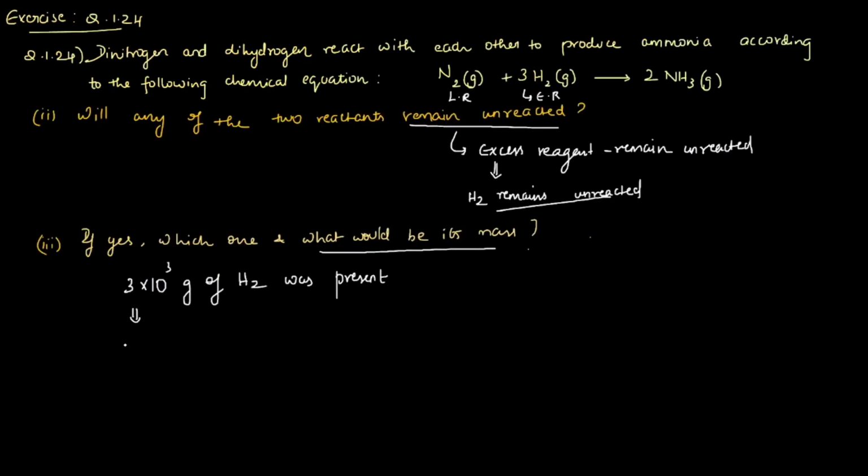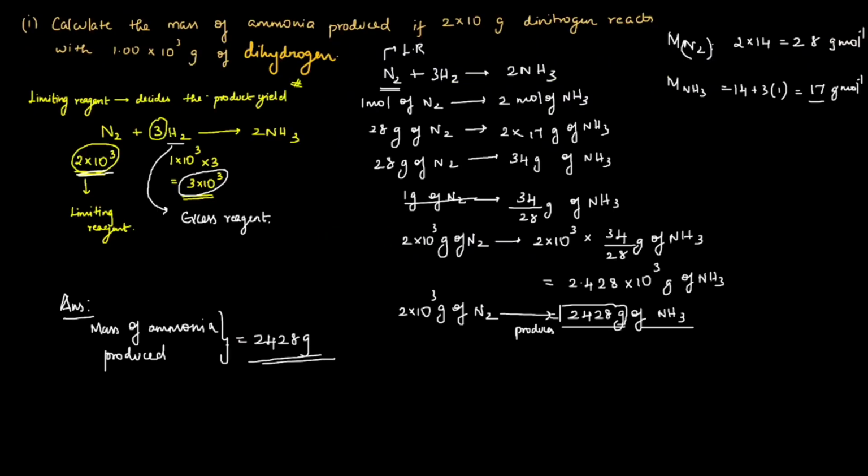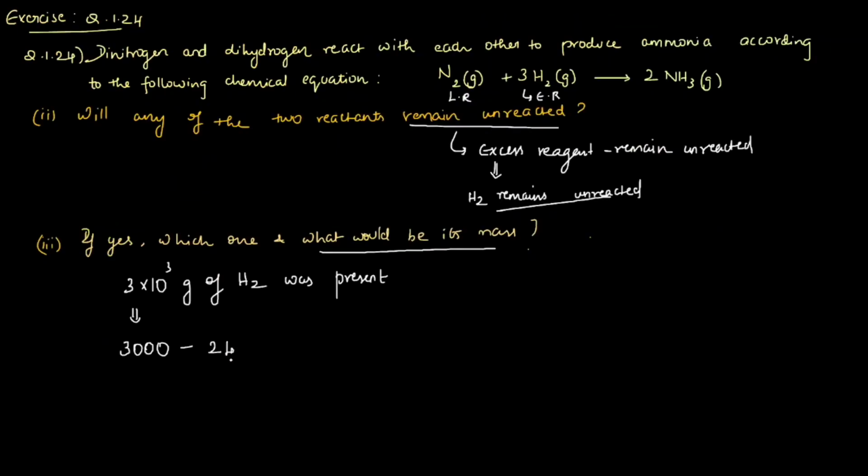So from 3000 grams, if we subtract 2428 grams, we'll get the remaining mass, which is 572 grams. This many grams of hydrogen will remain unreacted.